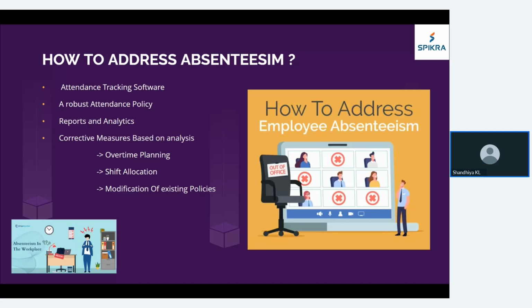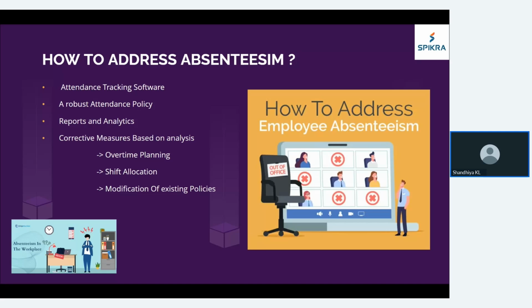So, Zoho People helps HR identify absentee trends yearly and take preventive actions. By making use of Zoho People, you can measure based on analysis of overtime planning, shift allocations, and modifications of existing policies with planned structures.